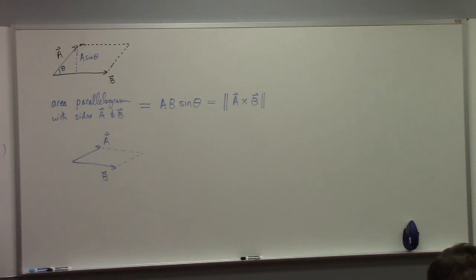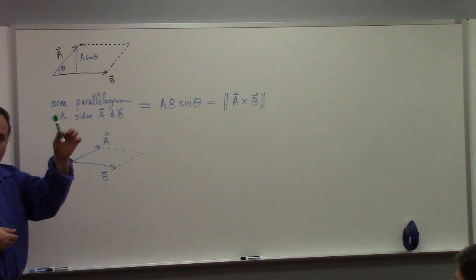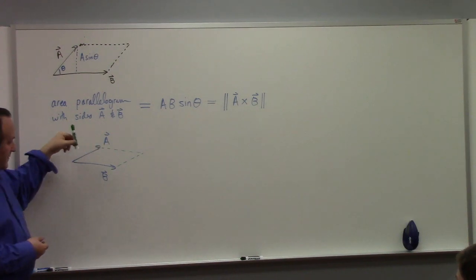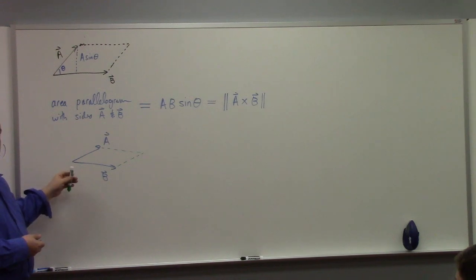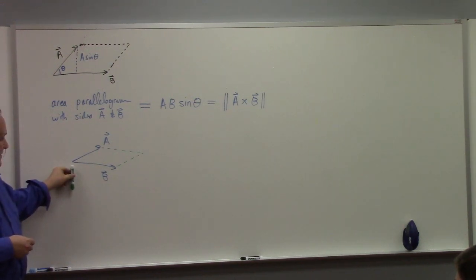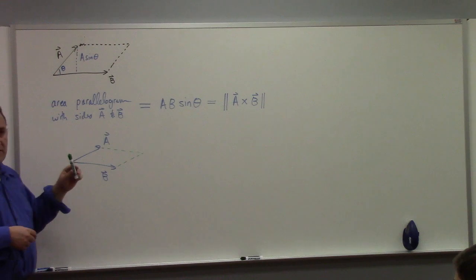So if the area of that parallelogram is the length of this green marker here, there would still be two choices of normal. See that? You could go up or you could go down. So this is not enough to uniquely fix the cross product. You also have to make a choice of what's up and what's down. And the way that's done is with what's called the right-hand rule.